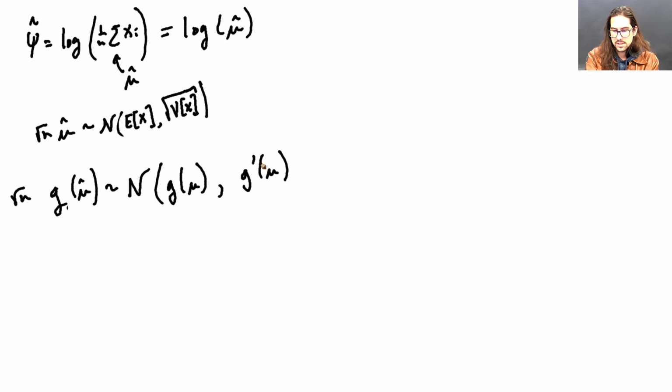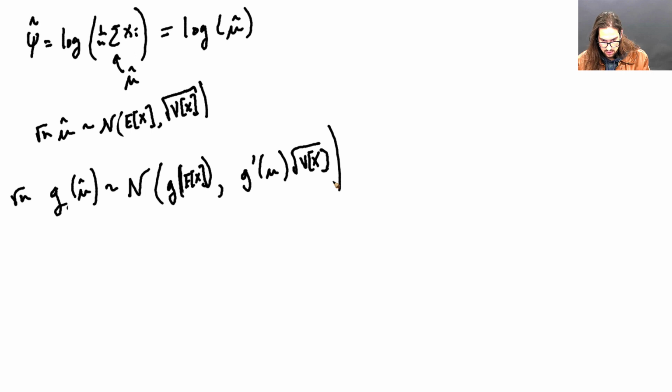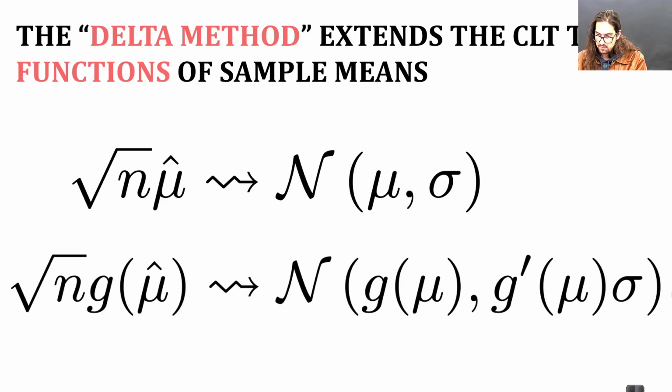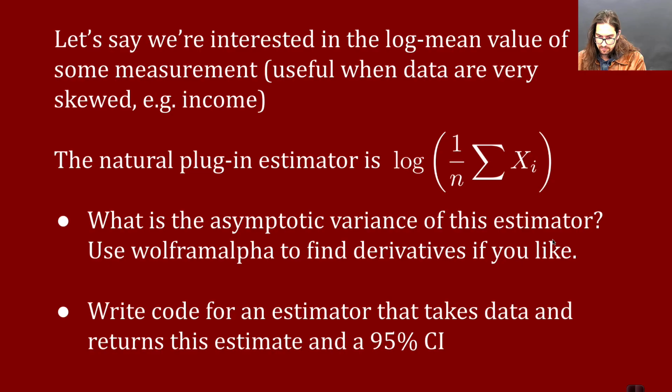If you haven't seen this before, this is just a little abbreviation for the derivative of g, and then whatever this is. This is what the delta method says, if I'm not mistaken. So let's just check that. Looks right to me.